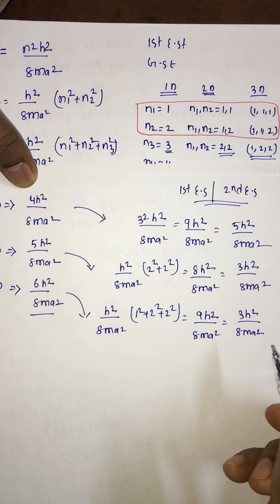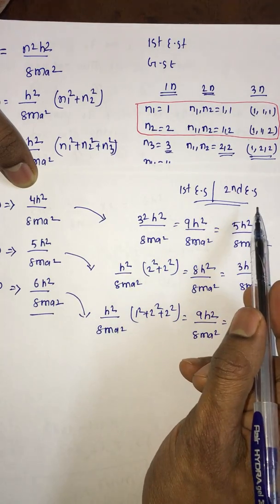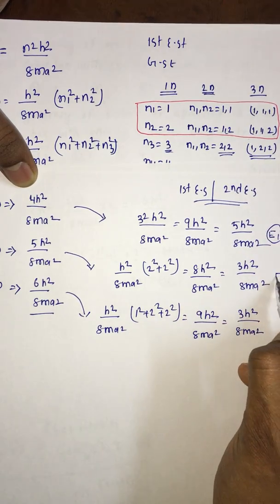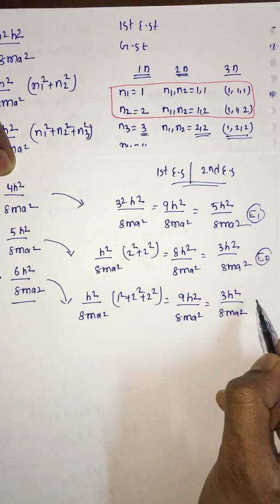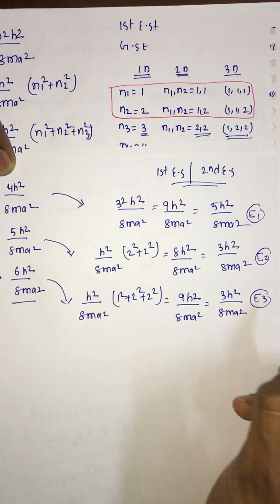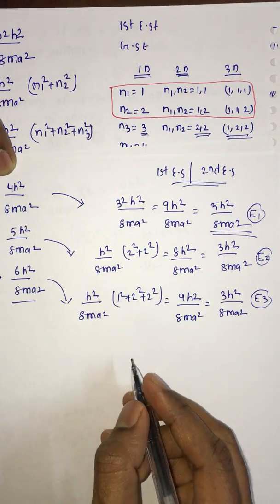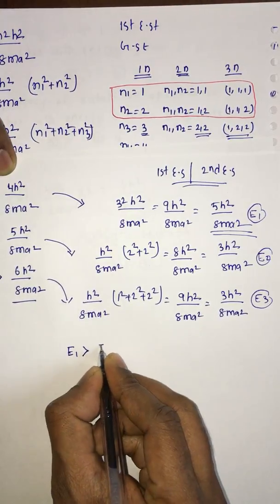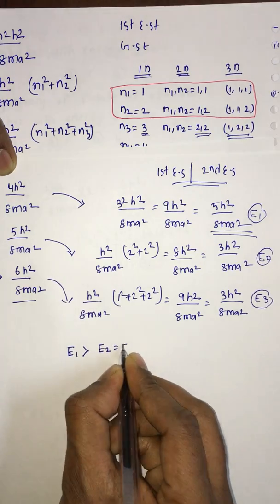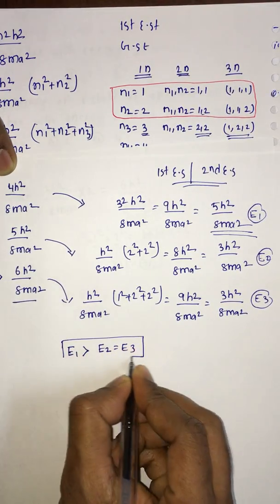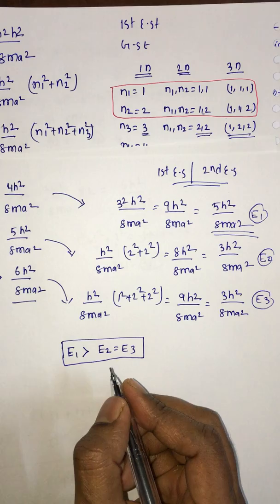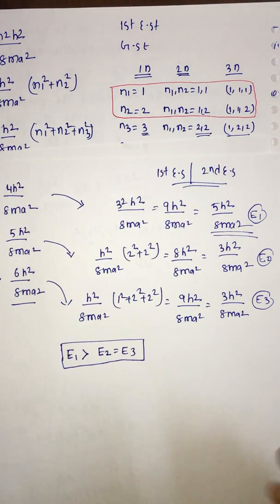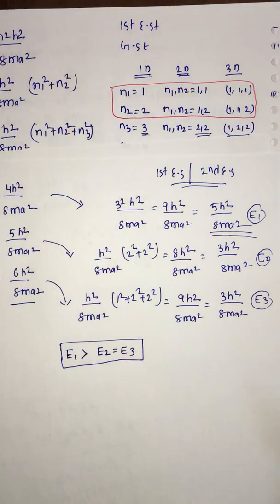If we take the energy difference between the first excited state and second excited state as E1 for 1D, E2 for 2D and E3 for 3D, which is more? The 1D box is more, so E1 is greater than E2 equals E3. So this is the relationship. This question was asked, I think, last year in the CSIR exam. So you can just remember these energy states, and it's very easy to calculate.